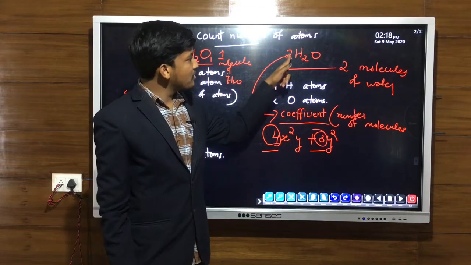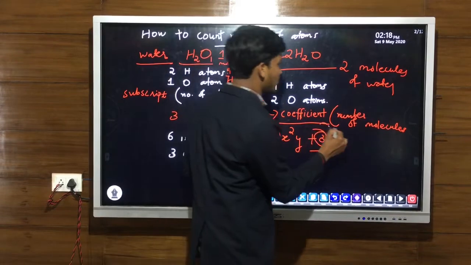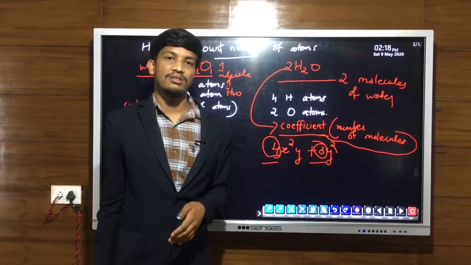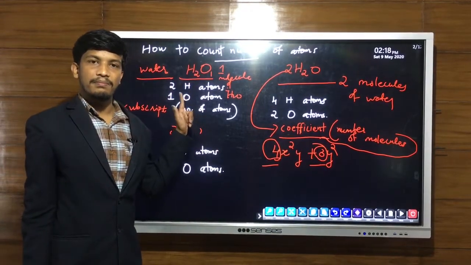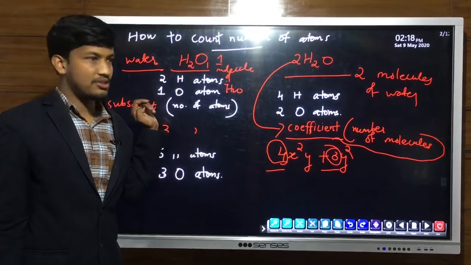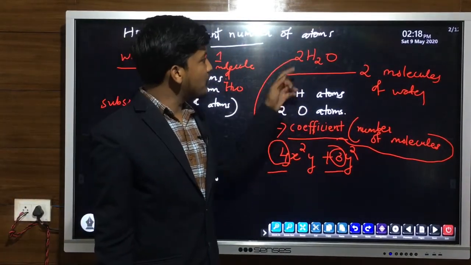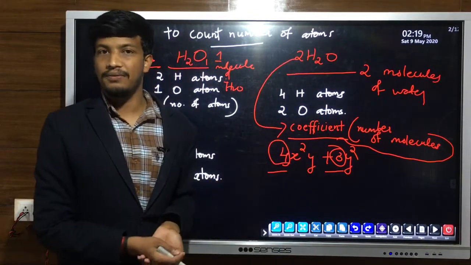In this case, 2 is the coefficient. What is the significance of coefficient? Coefficient gives the number of molecules. So subscript gives the number of atoms present in the compound.